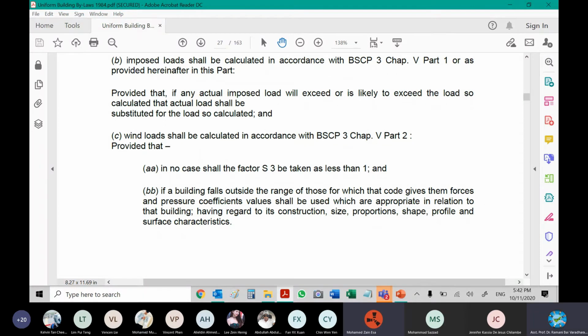And (c) Wind load shall be calculated in accordance with PSCP 3 Chapter 5 Part 2, provided that (a) in no case shall the factor S3 be taken as less than 1, and (b) if a building falls outside the range of those for which that code gives force and pressure coefficients, values shall be used which are appropriate in relation to that building, having regard to its construction, size, proportion, shape, profile, and surface characteristics.